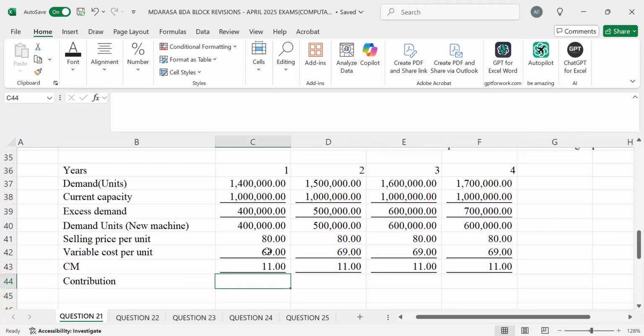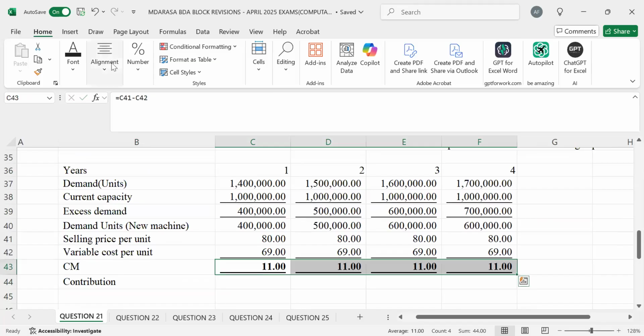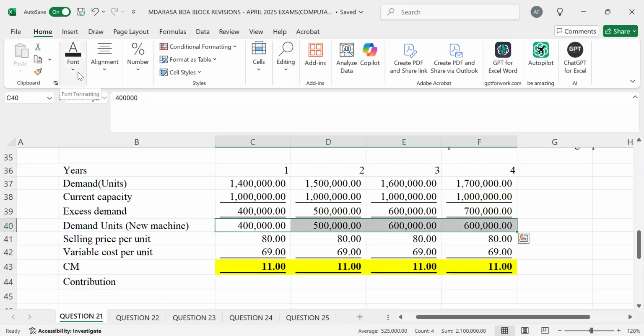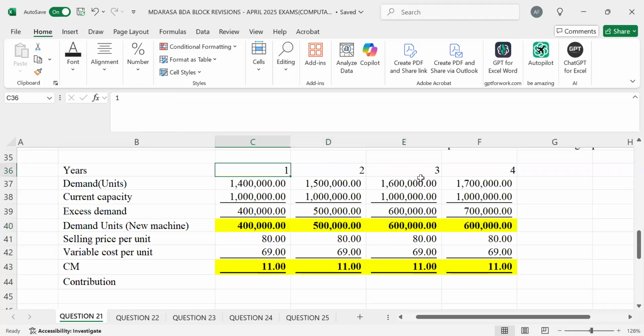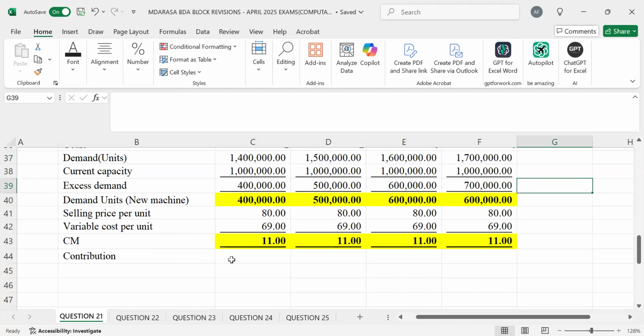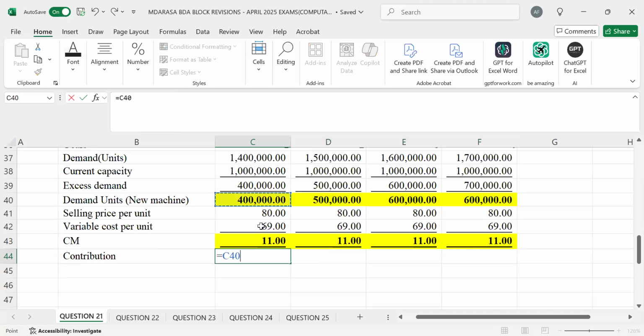So what about our contribution? Our contribution is our contribution margin multiplied by the units. Remember, we are looking at the demand level of this new machine, because that is what we need to make the decision on. So our contribution is the quantity times our contribution margin.